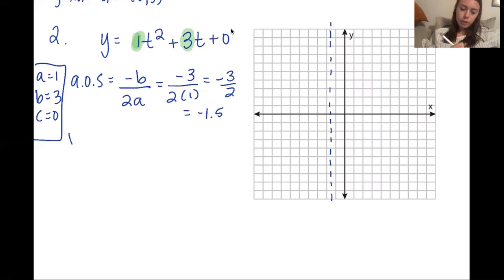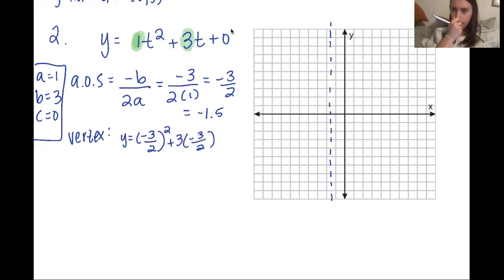And then I need to find my vertex. So I'm going to put it back in fraction form because I find that a little easier to multiply. I'm going to plug in -3 halves for t. And then I'm not going to add that plus 0. I don't need it, but it was just nice for me to know. Negative 3/2 squared is 9/4. And then 3 times negative 3/2 would be negative 9/2.